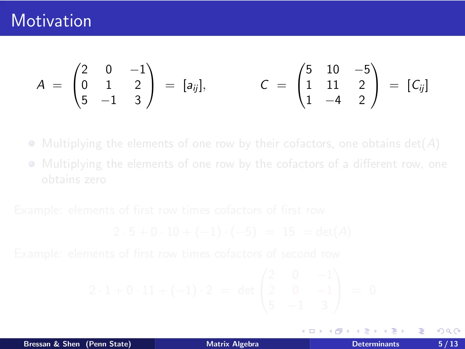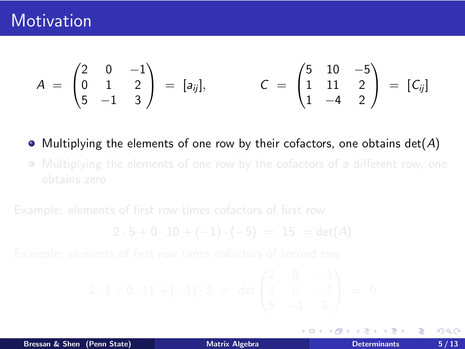Now before we prove that, let's go through this example as a motivation. So this is example A, and then we have the cofactors computed here. Remember, one way of computing the determinant using the cofactors is exactly multiplying the elements of one row here by all their cofactors.